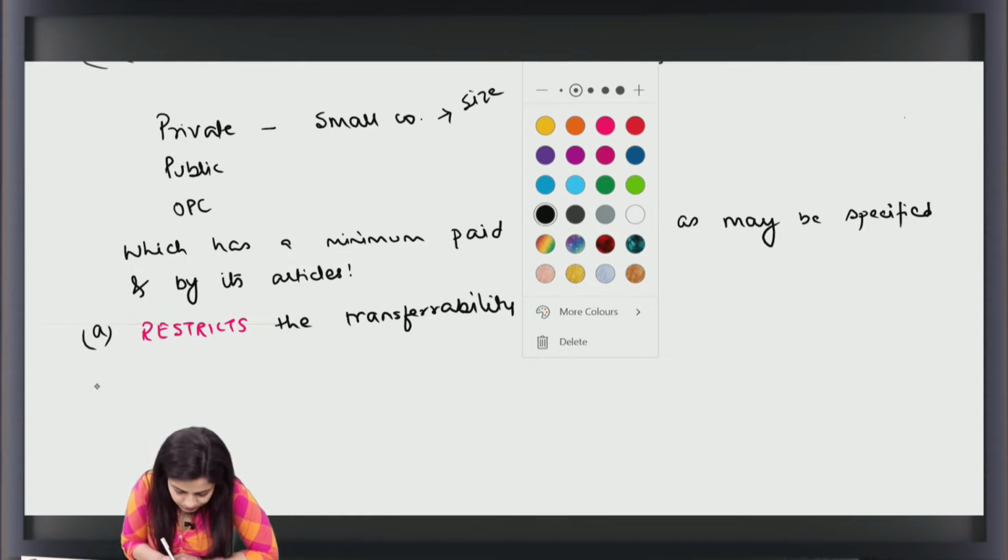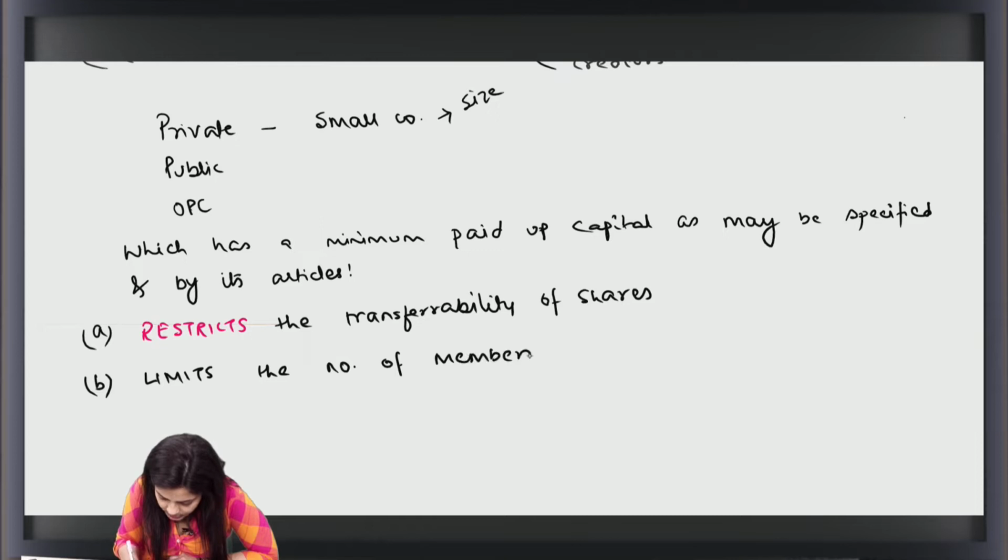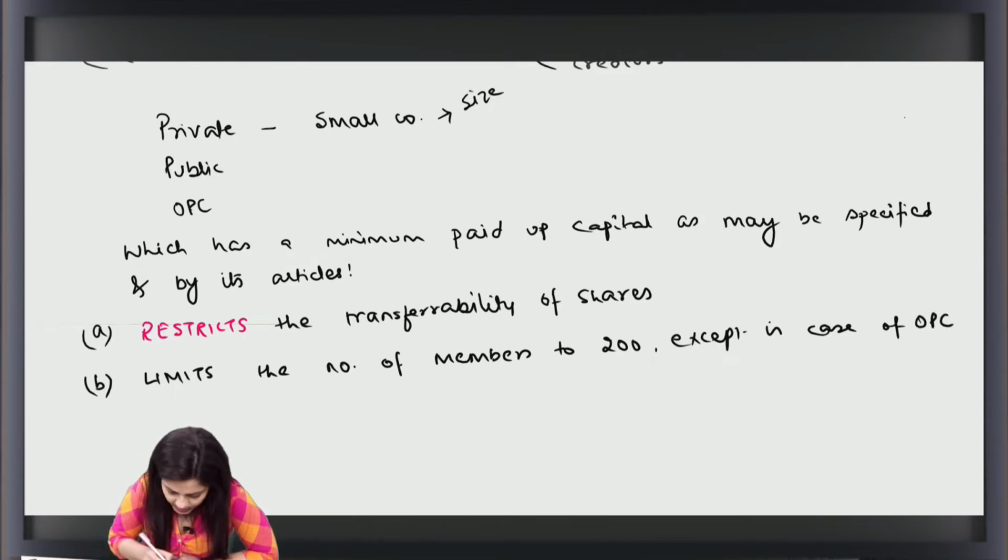Then B, limits the number of members to 200 except in case of OPC.